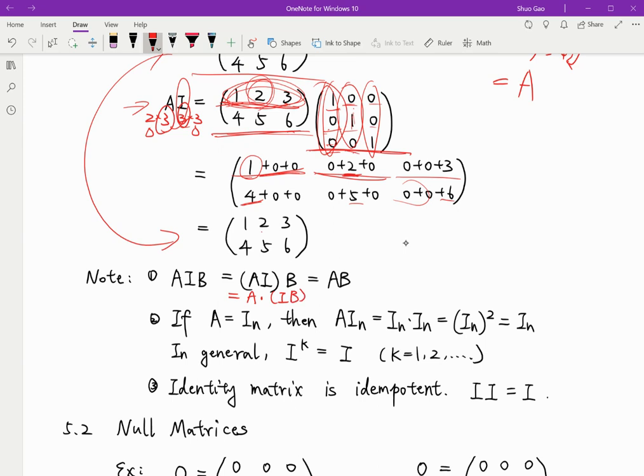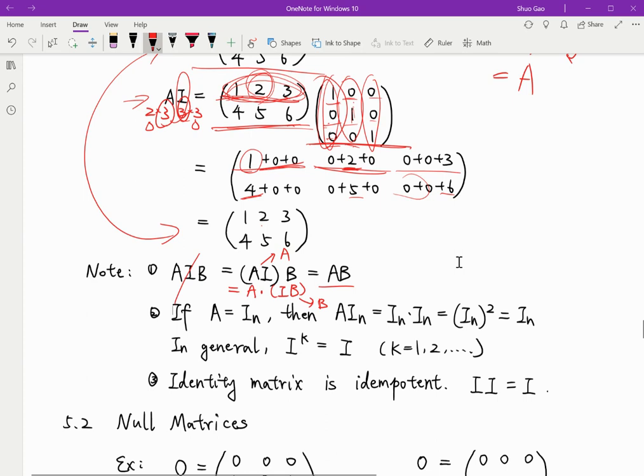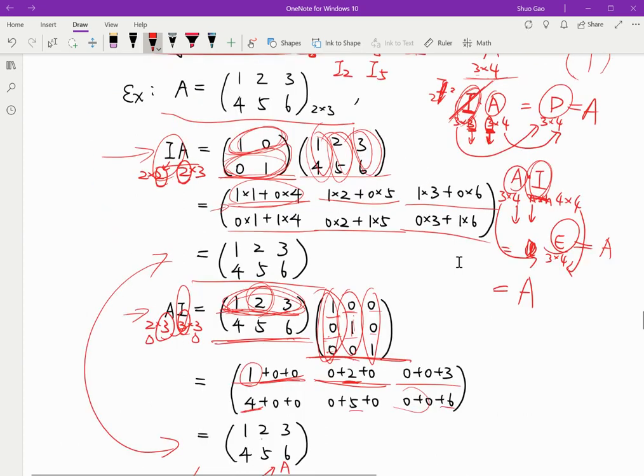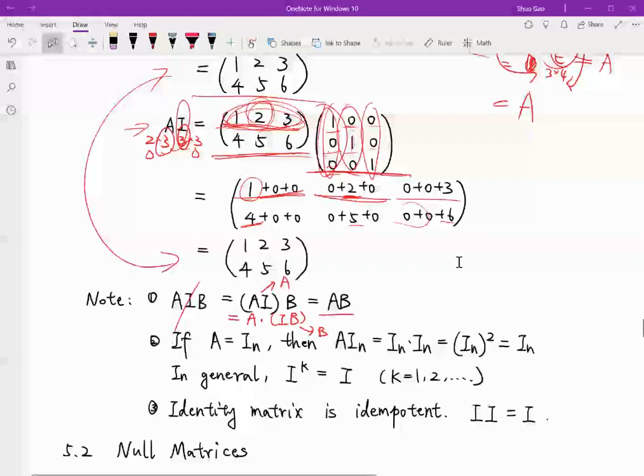Either way, because A times I is just A itself, and I times B is just B itself. Right? So the result should be A times B. So we can just cancel this I here, and the result is A times B. Like we cancel the number 1 when we are doing multiplication using numbers.